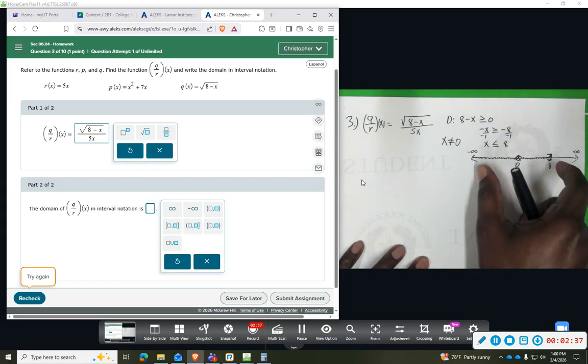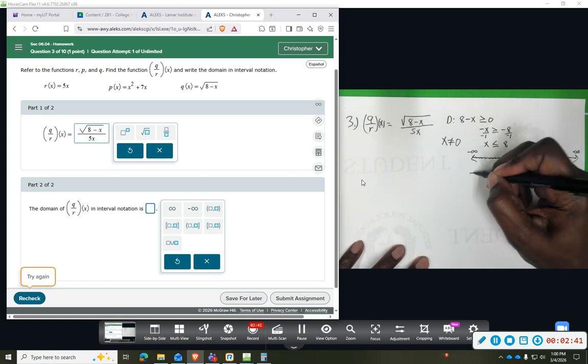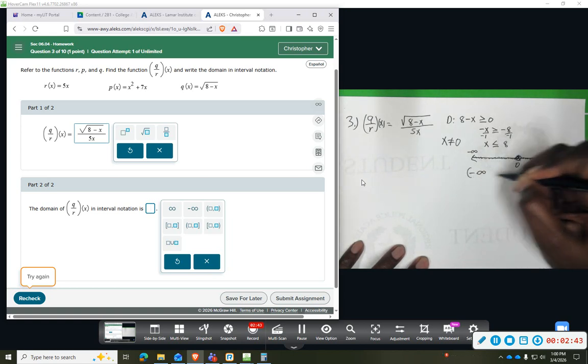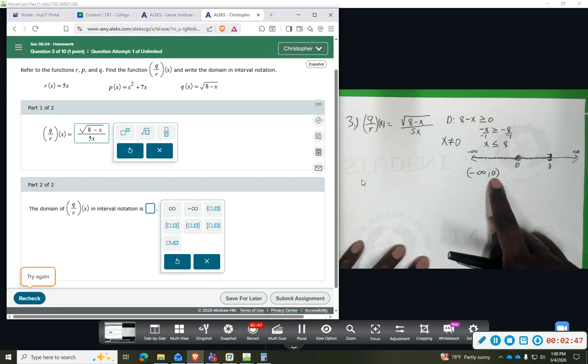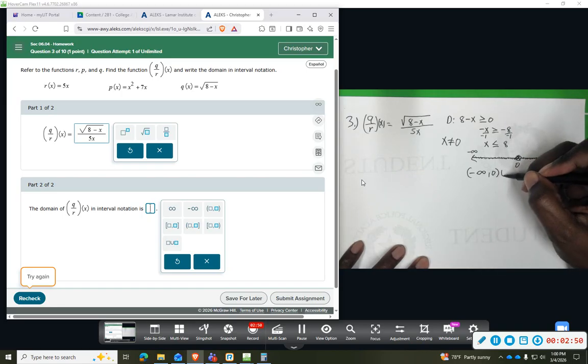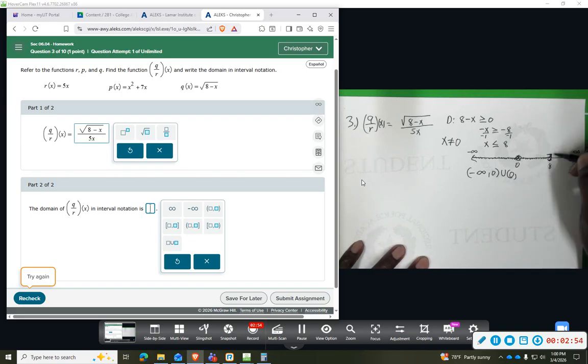So our domain is kind of broken into 2 pieces. It is from negative infinity up to 0. Okay, not using 0, so we'll put parentheses to indicate that. And union, we would also use the other side of 0 up to positive 8, and that would be in a bracket.